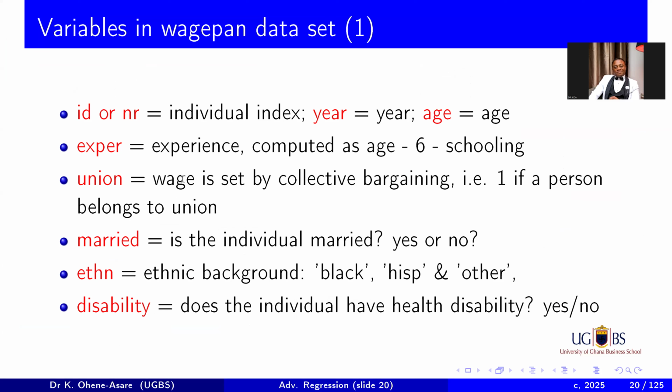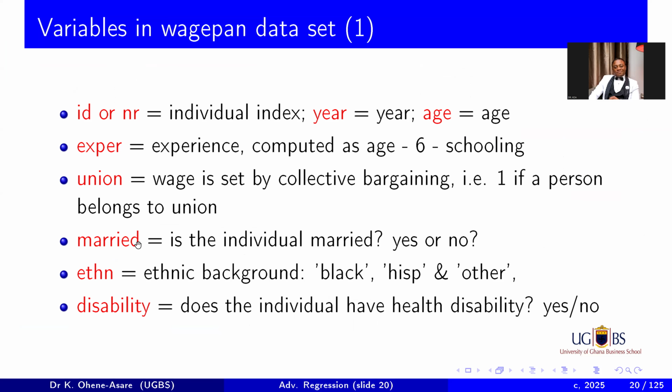Union is set by collective bargaining. So it is equal to 1 if a person belongs to a union. You know, these days, you want to be part of the union, like labor union. So union is actually a categorical variable, a dummy.